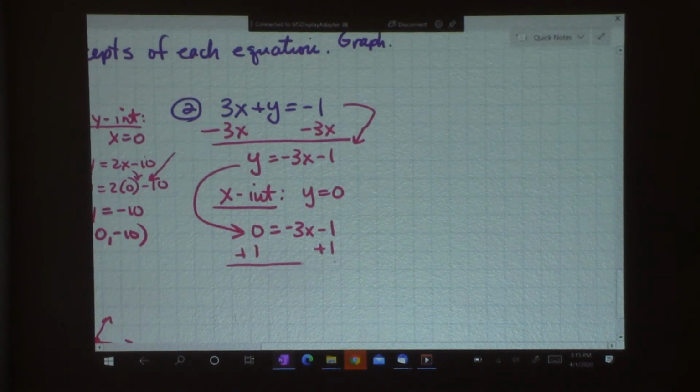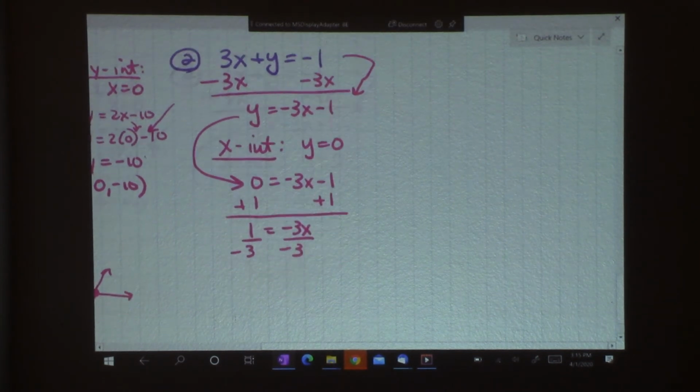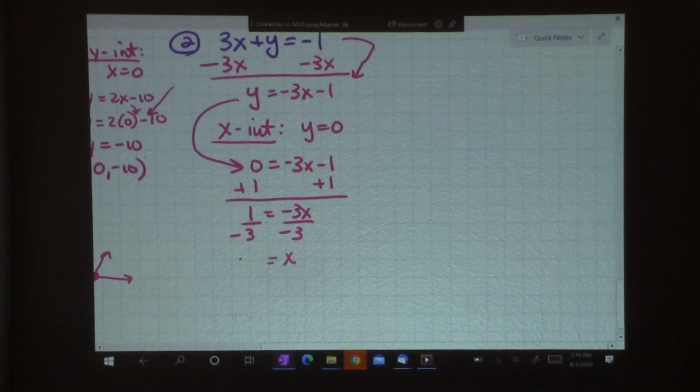Add 1. I'm going extra fast because this should be review. You've probably already done it. Just checking your work. X equals negative 1/3. Okay, so I'm going to have negative 1/3, 0 for my x-intercept.